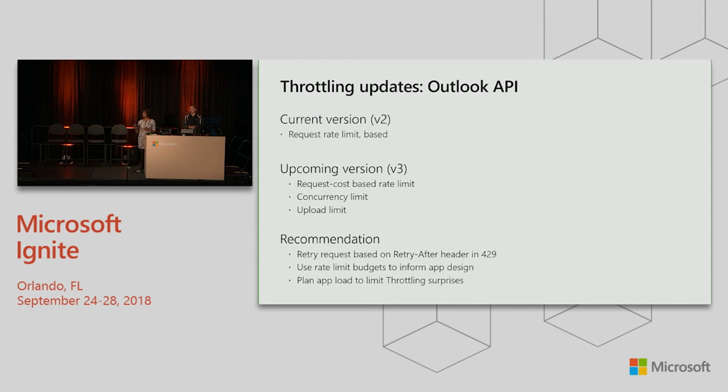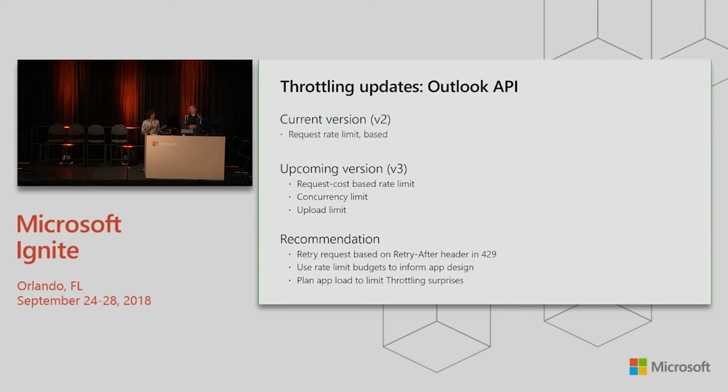And then we're also introducing the concurrency limit, which limits the number of concurrent connections an application can make to a user mailbox. And the third limit that we're adding is how much data the application is able to upload to our service. And this would be on a per user, per app, per resource basis. So again, key recommendation is please honor the Retry-After delay that comes in the 429s when your application hits the throttling limit.